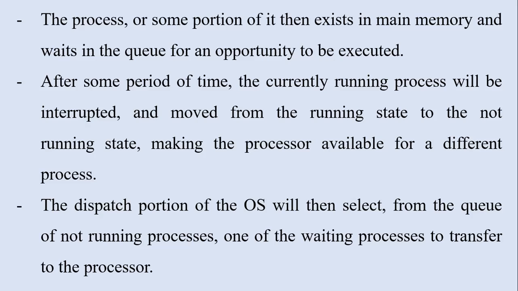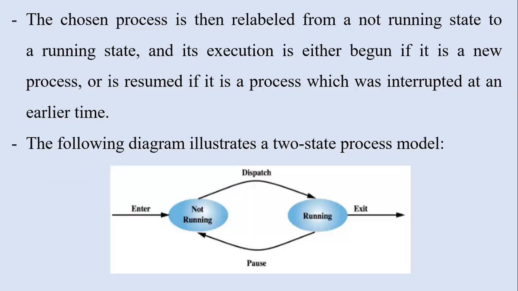After some period of time, the currently running process will be interrupted and moved from the running state to the not running state, making the processor available for a different process. The dispatch portion of the operating system will then select from the queue of not running processes one of the waiting processes to transfer to the processor.